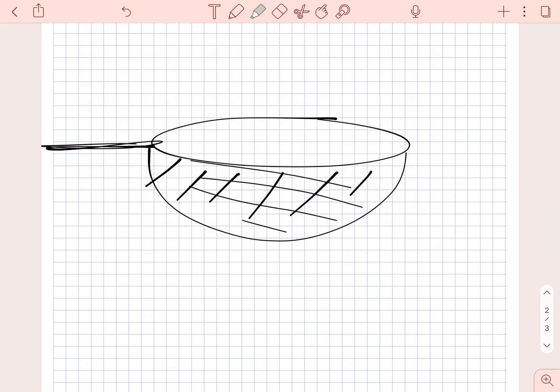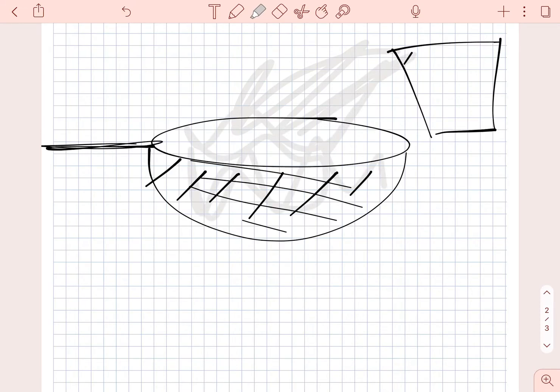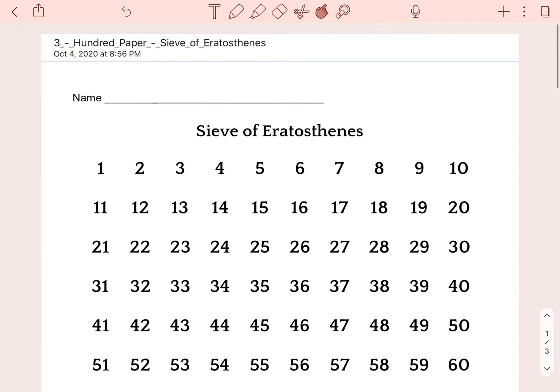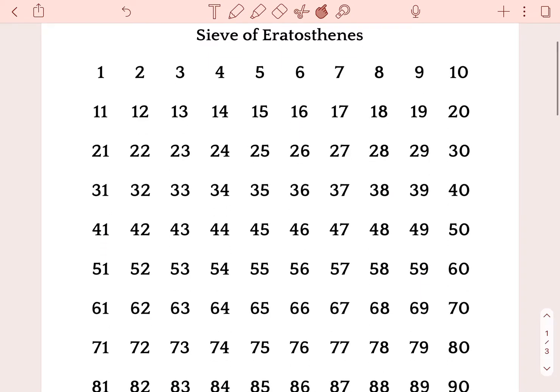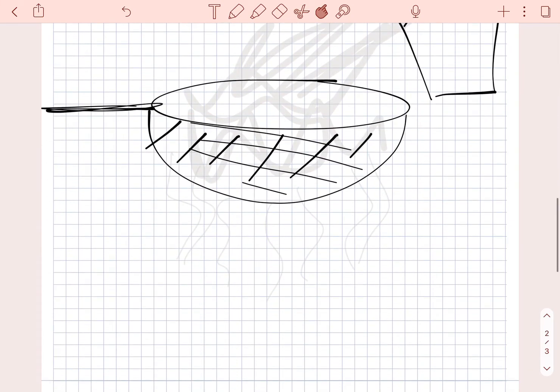So you might have a bag of flour, and you pour the flour in, and it fills up with flour, and a sieve just lets small bits of material through the little tiny holes. And so this Sieve of Eratosthenes is a way of doing that, to find the prime numbers, which are the little numbers that are going to escape through this rule, this method we're going to use here.